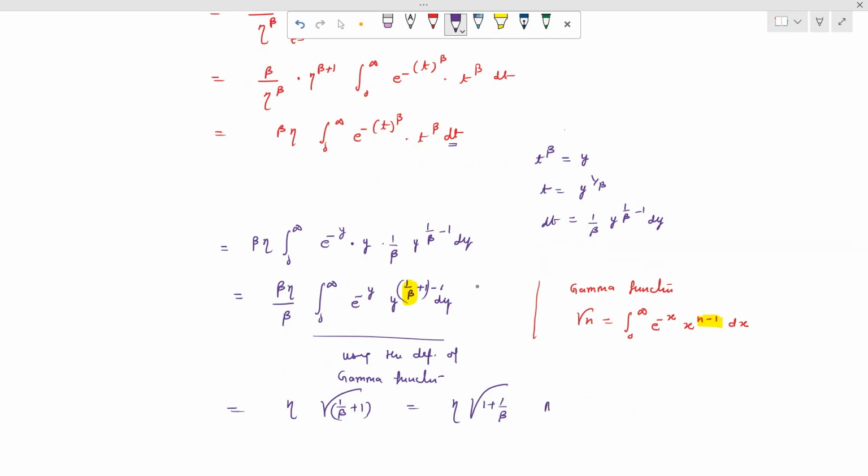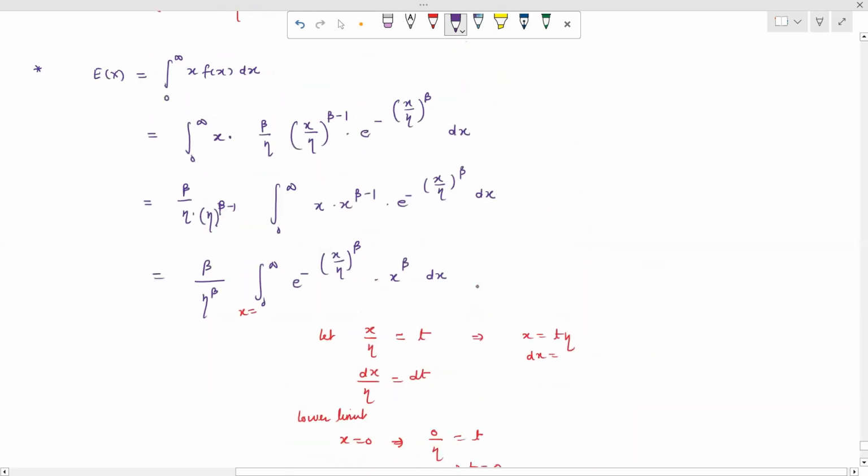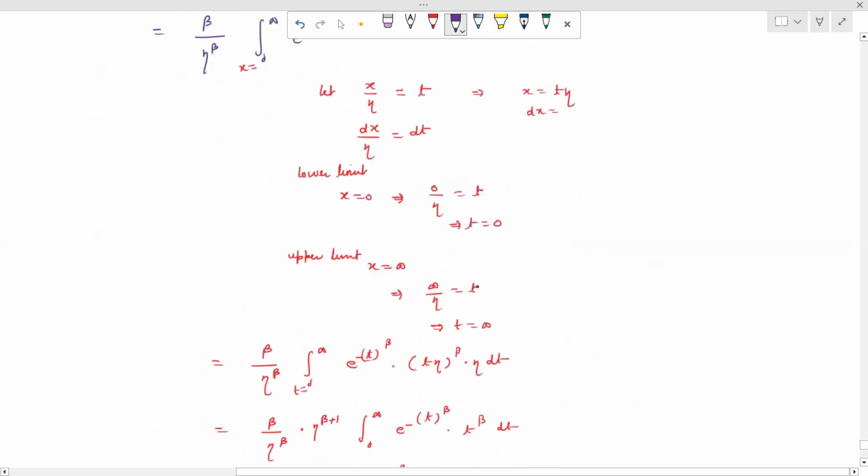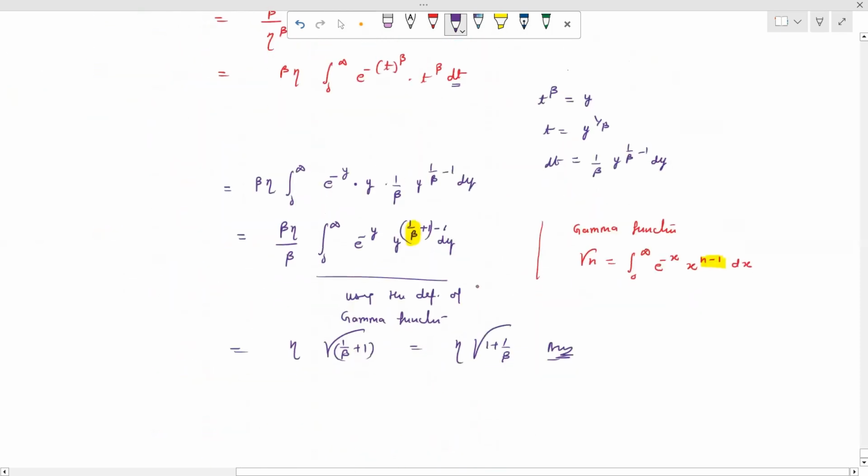So this is the mean, and here is the answer. We have proved that the mean of this Weibull distribution is eta gamma 1 plus 1 upon beta.